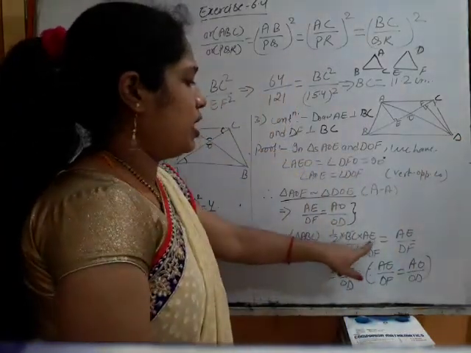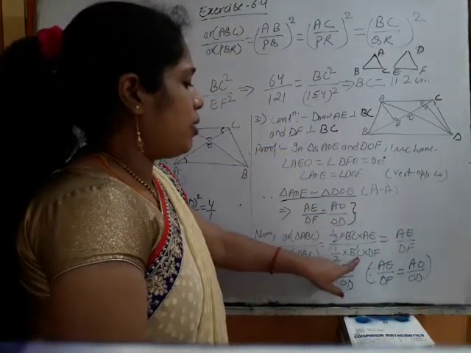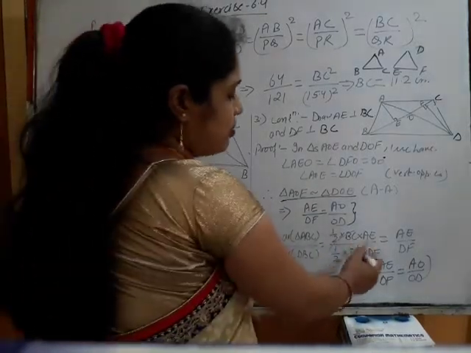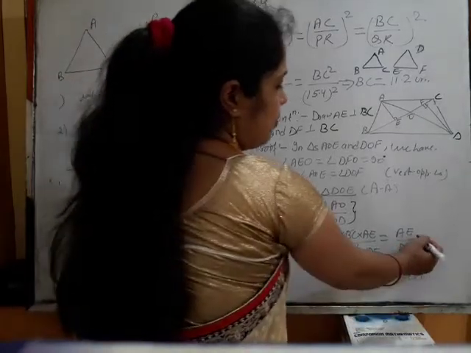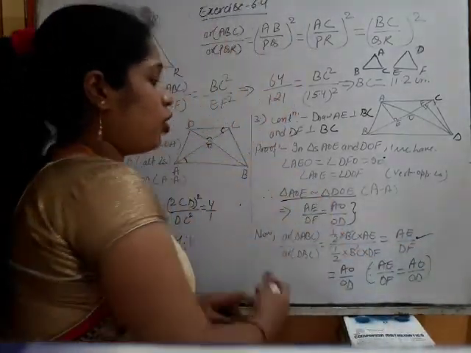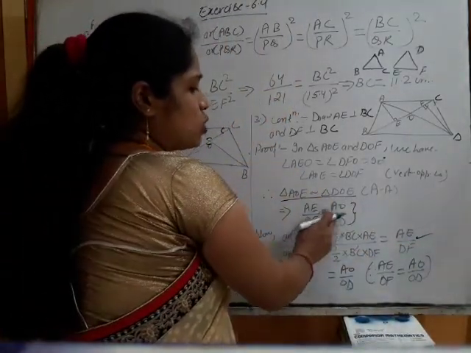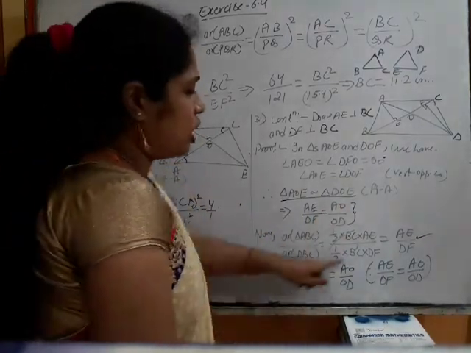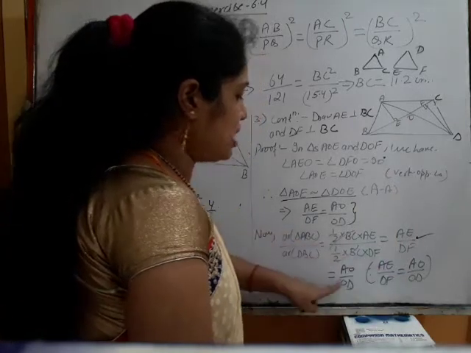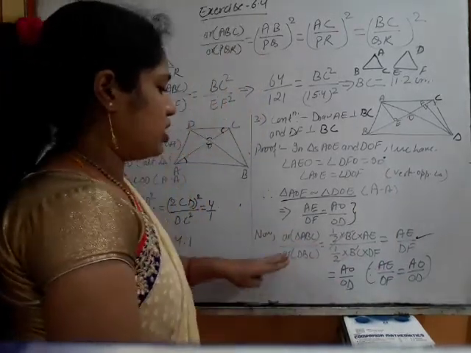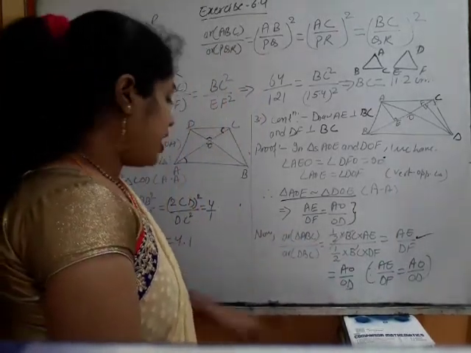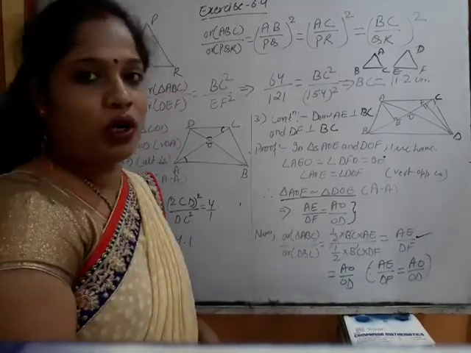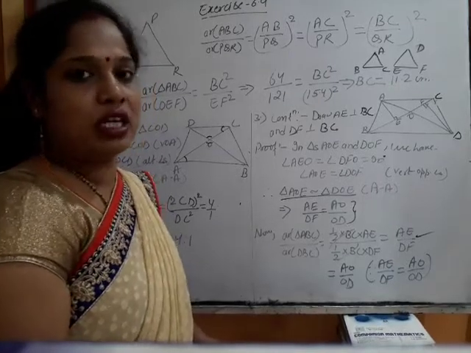So half BC into AE upon half BC into DF, the half BC gets cancelled to give AE upon DF, which was equal to AO upon OD, which we have proved just now. So we have shown that the area of ABC upon area of DBC is equal to AO upon OD. So this is the solution of these three questions.